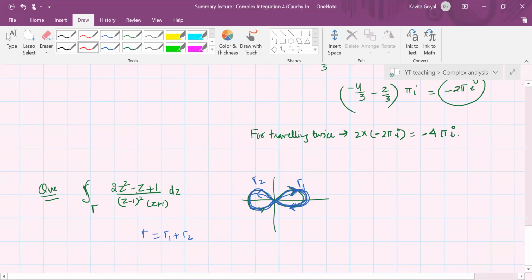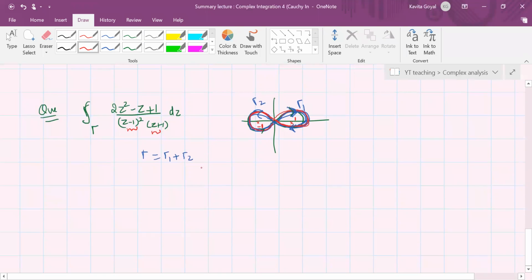Now if this function is not analytic at z equal to 1 and minus 1, z equal to 1 is here and z equal to minus 1 is here, then you have to do the similar analysis, but you have to make sure that gamma 1 is negatively oriented and gamma 2 is positively oriented. Is this figure clear? Okay.